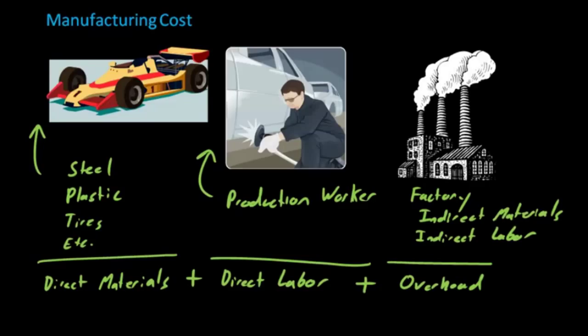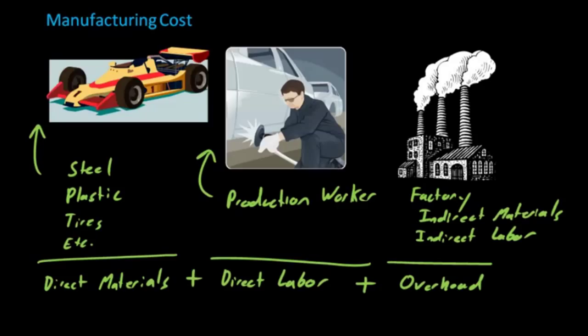So instead of keeping track of exactly how much glue is used in each car, we'll just call it indirect materials, and we'll put it all together in the overhead. And then we'll allocate it to the car using some allocation method later on. We'll talk about this in future videos. So any indirect material would be part of an overhead, and we could also have indirect labor.